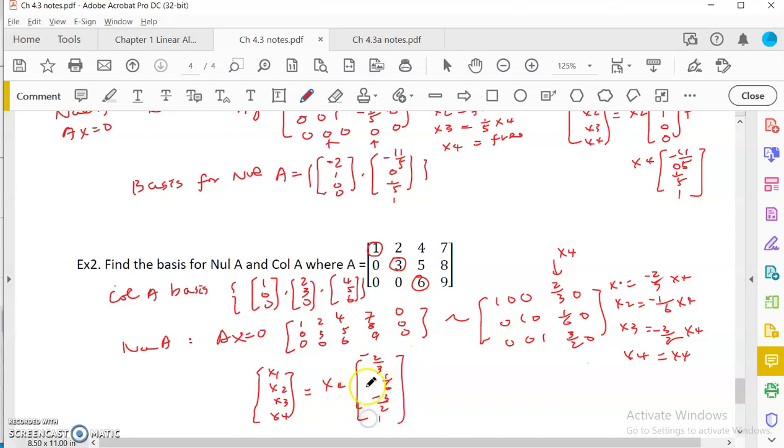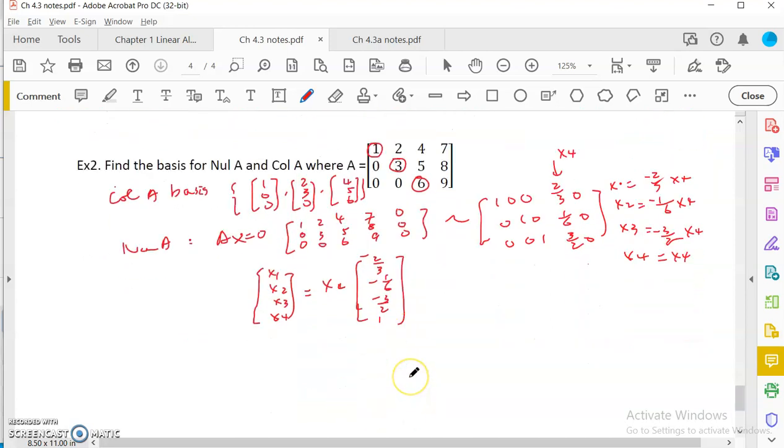So it's always a linear combination of the x4 of this vector. So the basis would be what? That vector. Any time you have a vector that is a multiple of this, it would map using A to 0. Okay, so that's it for chapter 4.3. It's quite long.